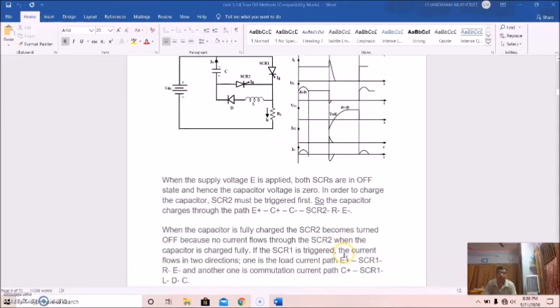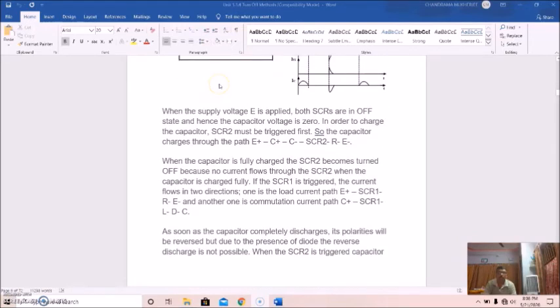As a result, the auxiliary thyristor will be off, and now the main thyristor is triggered on. The current flows in two directions: one is the load current, from the positive terminal through the main thyristor, then the load resistance, and to the negative terminal. The other is the commutation current path: C positive, then the main thyristor, then the load inductor, then the diode, and then to C negative.